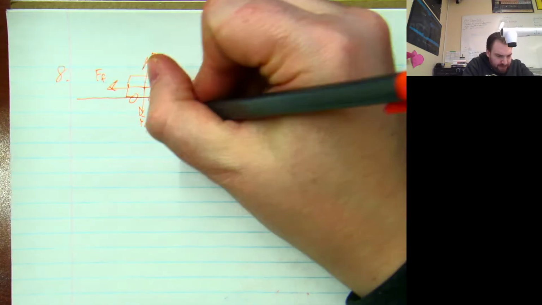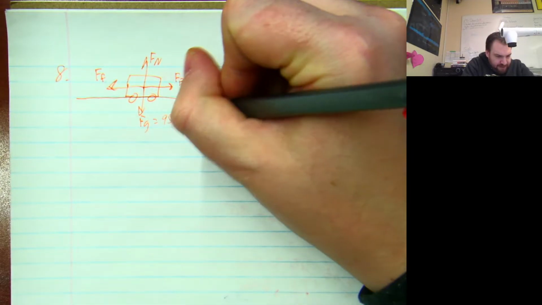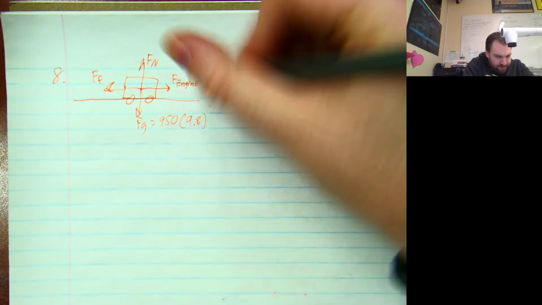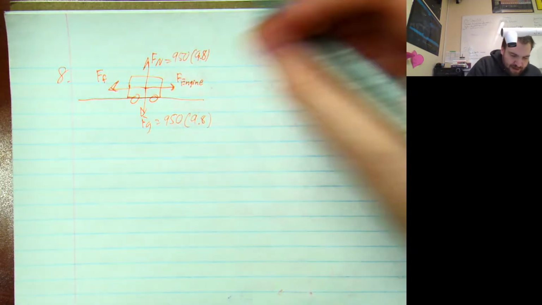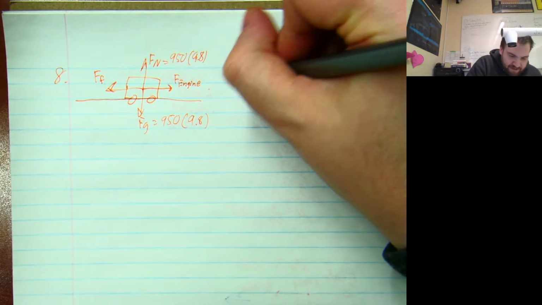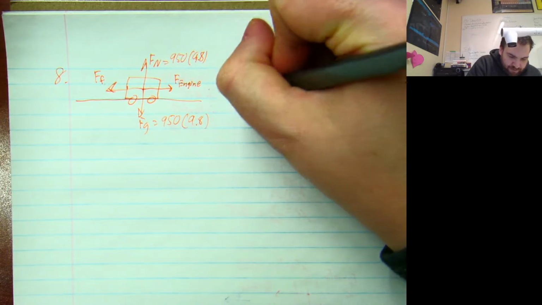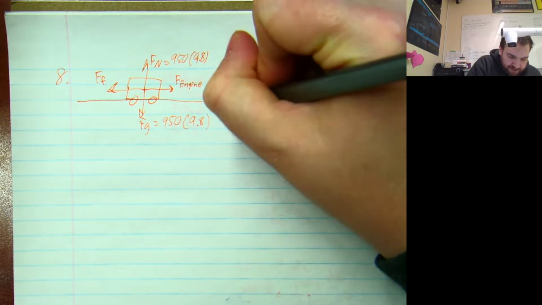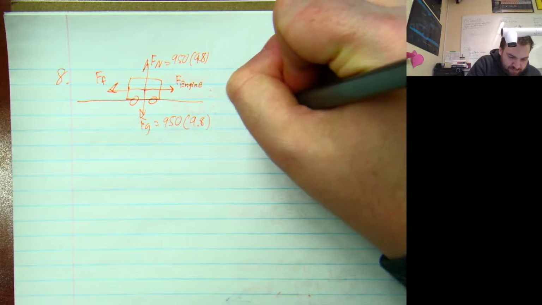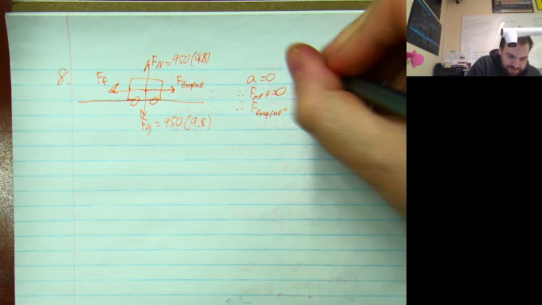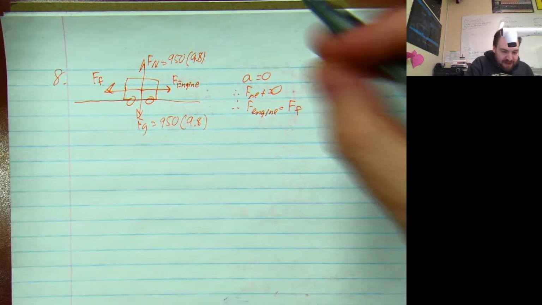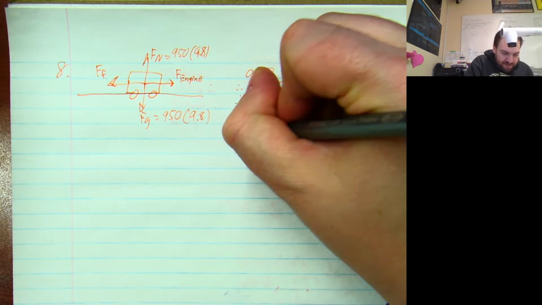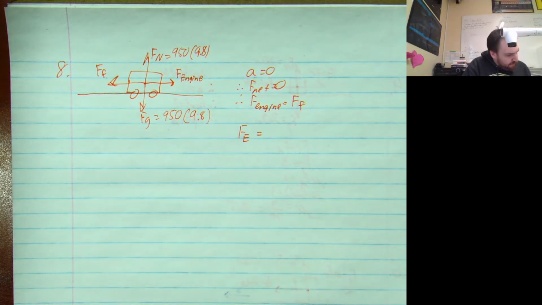Fg is going to be 950 times 9.8, so Fn is going to be 950 times 9.8. Because this thing is constant V, a equals 0, therefore F net equals 0, therefore F engine equals force of friction. These have to be balanced. And F engine is what I want, which I'm just going to call F big E.